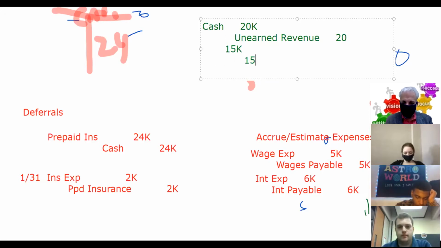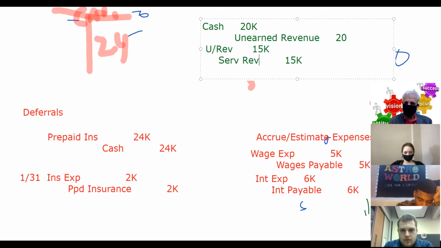Now, they didn't send me any more money. I can't do any cash adjusting here. But I'm going to remove from my liability of unearned revenue 15,000, and I'm going to put in, we'll call it maybe service revenue. I'm going to move it to my income statement.